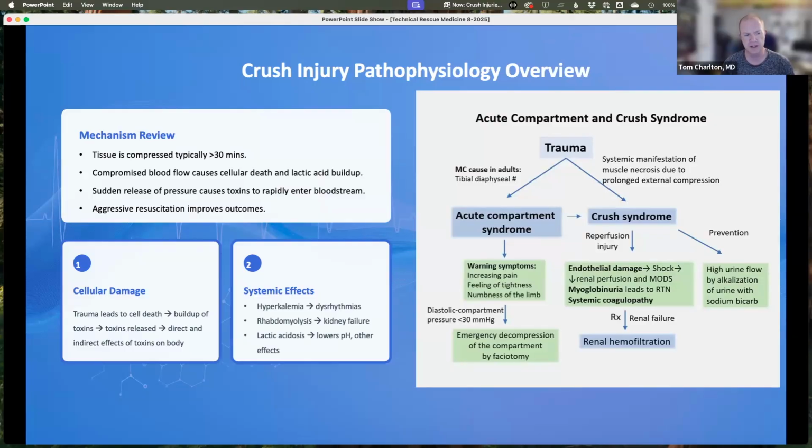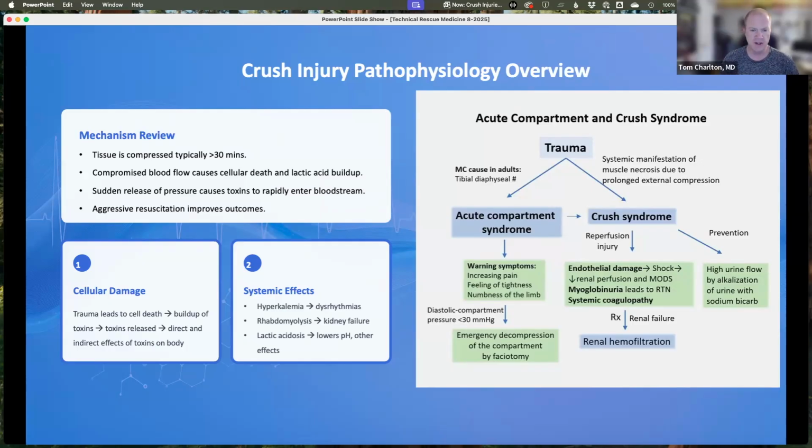Going through the systemic effects, hyperkalemia we know can cause dysrhythmias, a widened QRS, peaked T waves, etc. Rhabdomyolysis is where the muscle cells themselves have been broken down, which then leads to leakage of the thing that gives red meat its red, which is myoglobin. Myoglobin is very similar to hemoglobin.